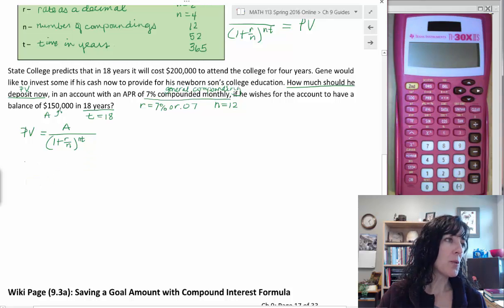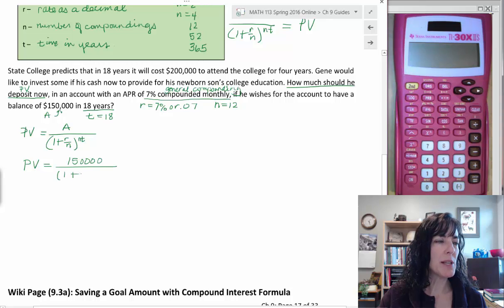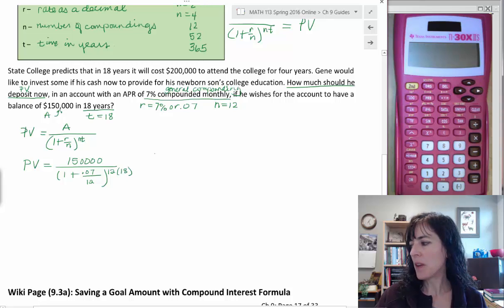So for this one, it's going to be PV equals, and he has 150,000 as his goal, and then 1 plus R is the rate, and we decided that was 7% or 0.07. N we decided was 12, raised to the NT, so 12 times 18.